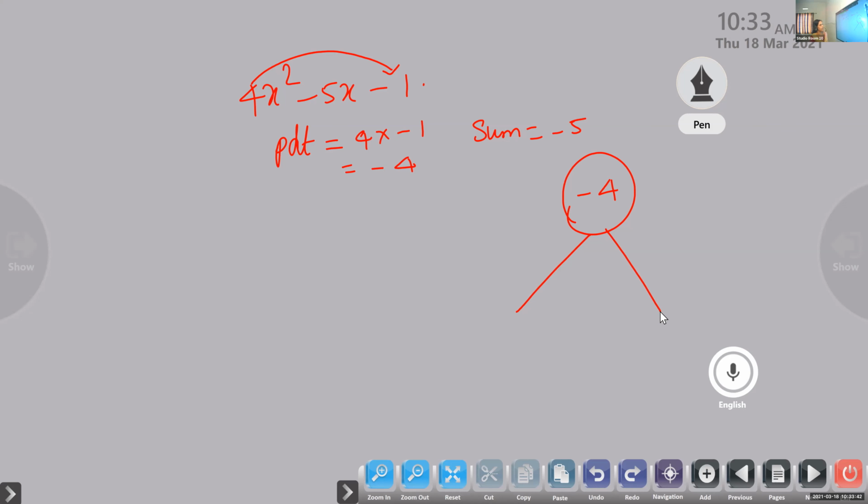We want the sum to be minus 5. Okay, Ashik, is the equation correct? Yes, ma'am.